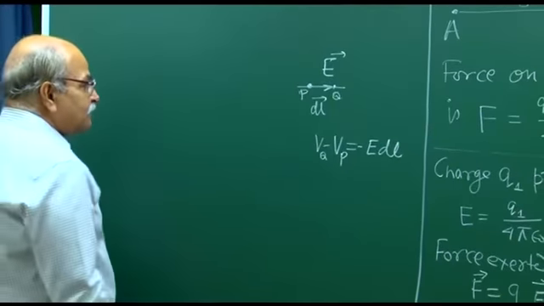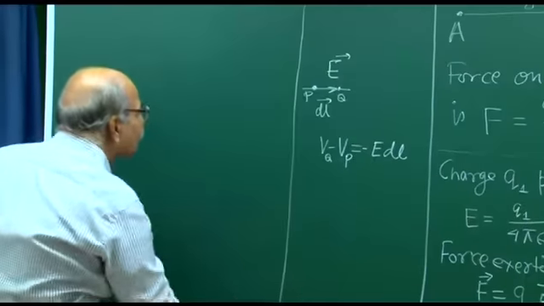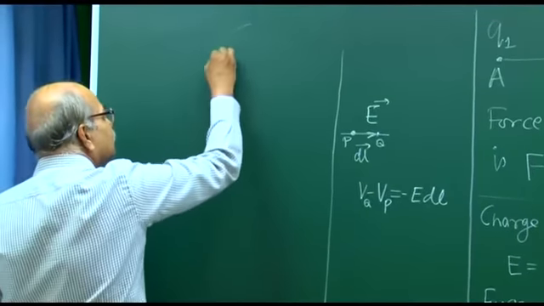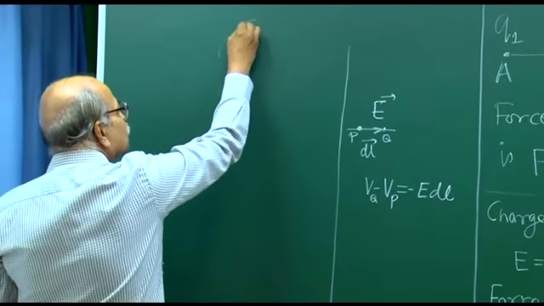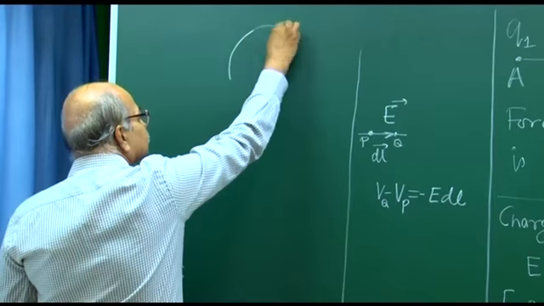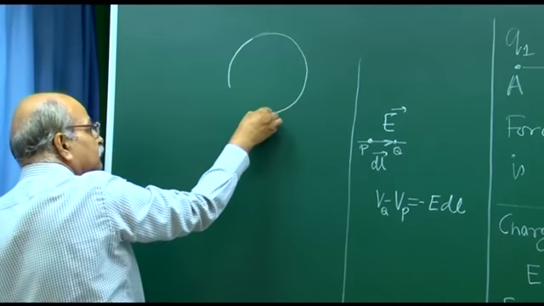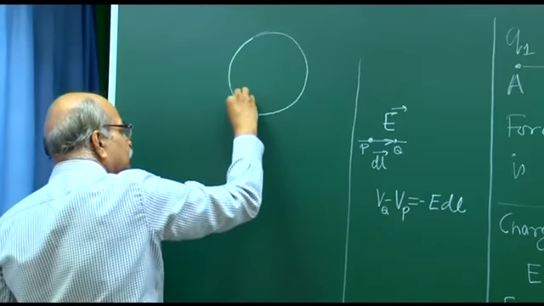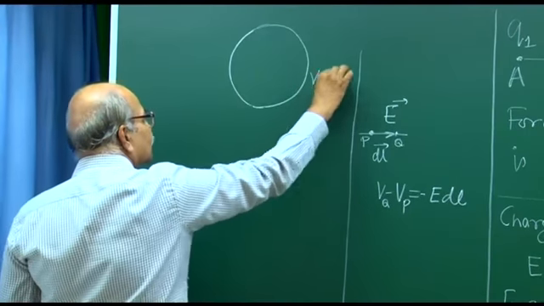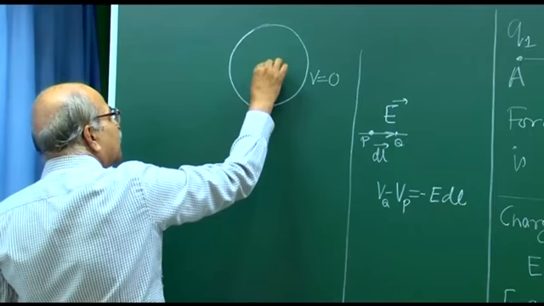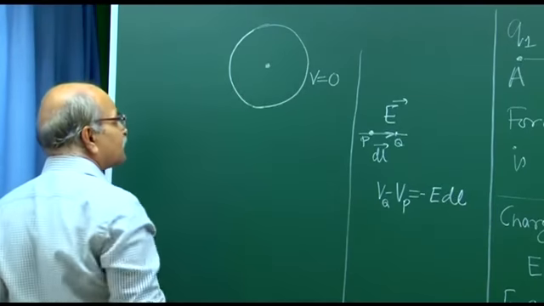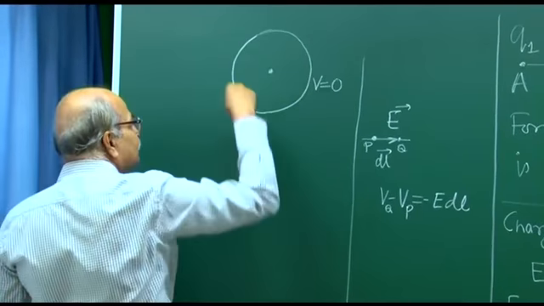What we had was an aluminum ring here, which I assume to be at 0 potential. Then in the middle I put that positive end of the battery. So, there is some higher potential here.